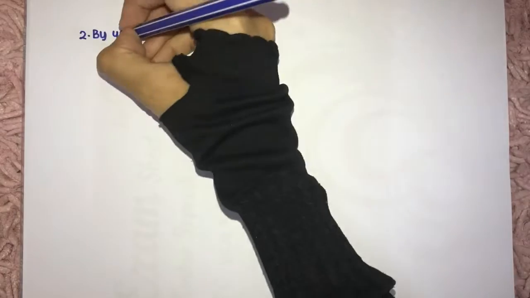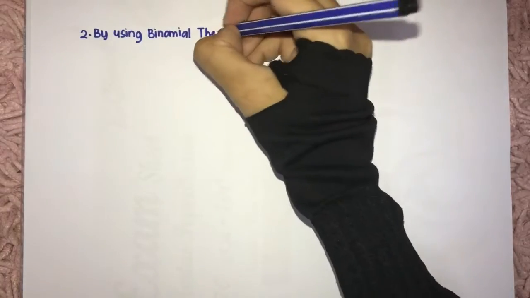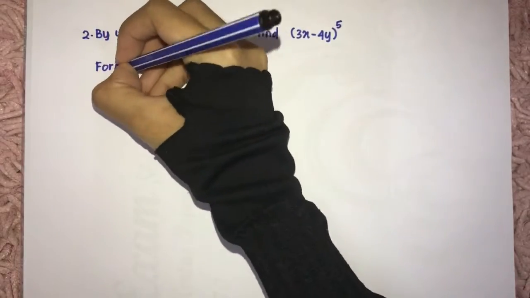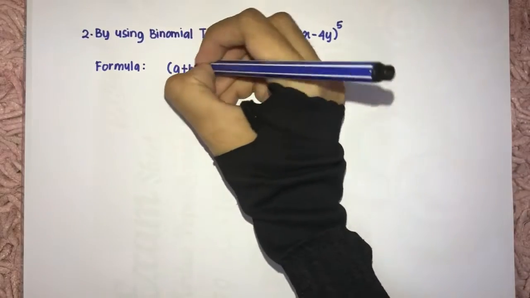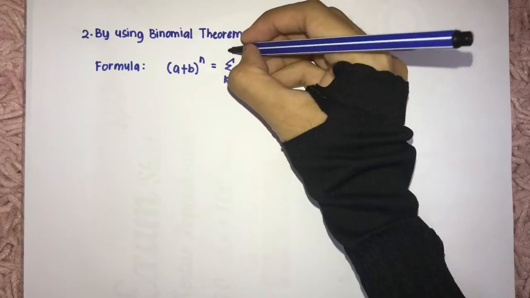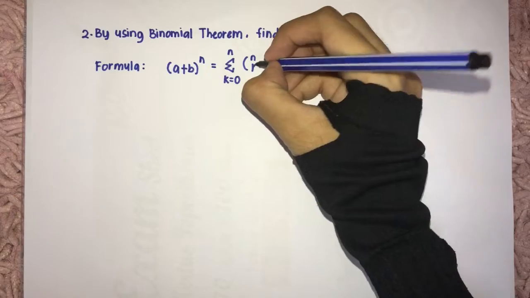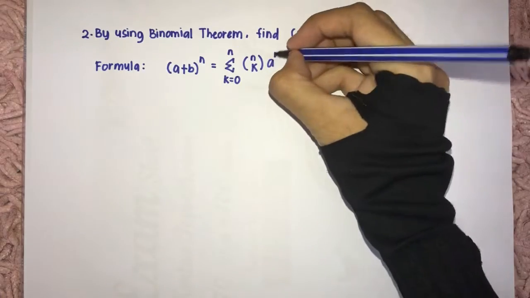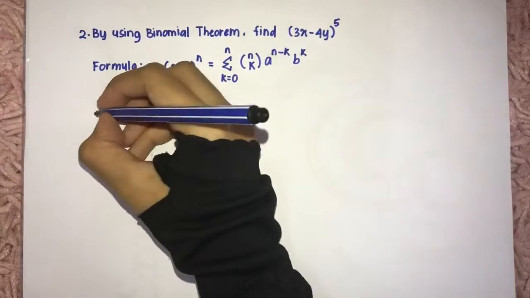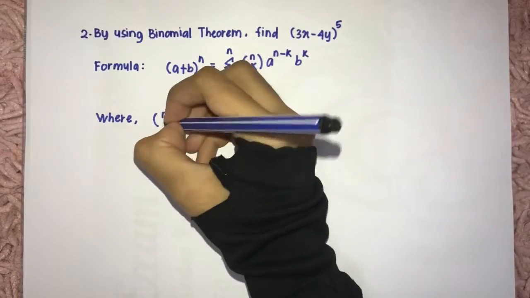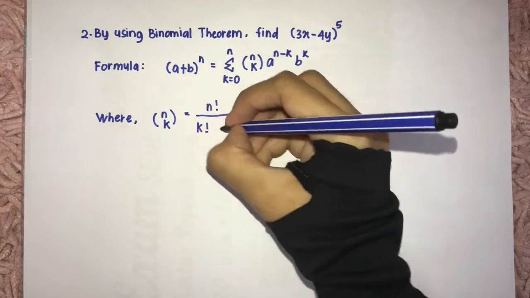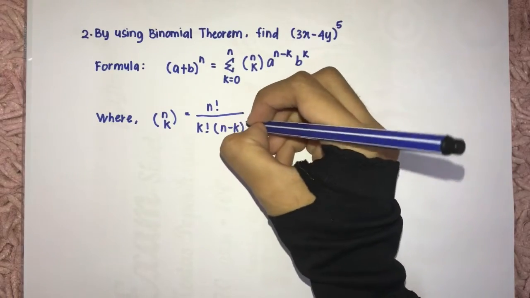For question number 2, by using binomial theorem, find 3x minus 4y to the power of 5. The expansion is given by the following formula. a plus b to the power of n equal to the sum from k equal to 0 to n of n choose k times a to the power of n minus k times b to the power of k, where n choose k actually means n factorial divided by k factorial times n minus k factorial.